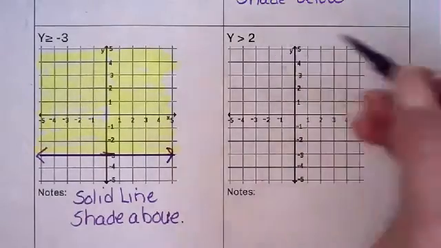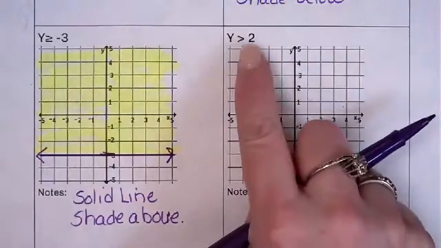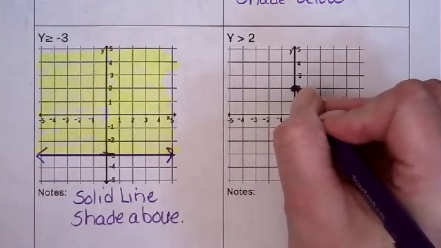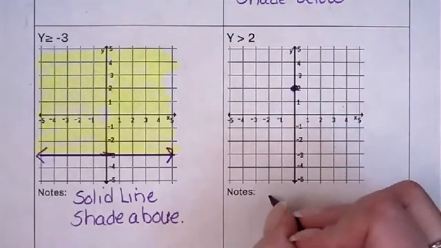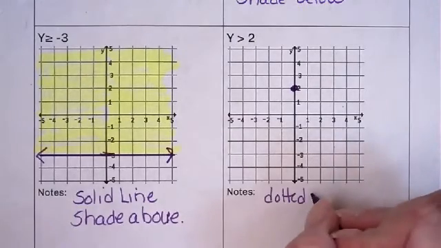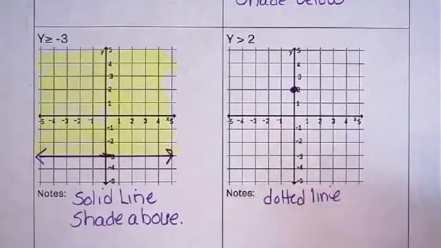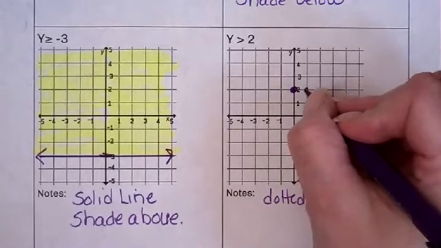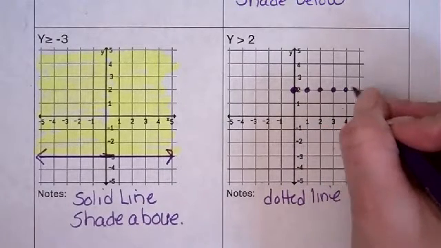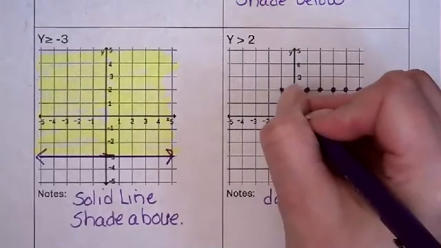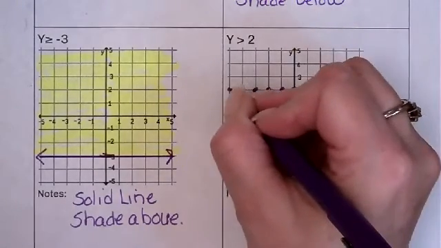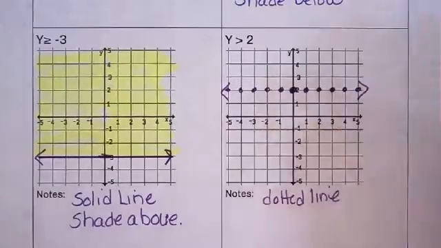y is greater than 2. So my y-intercept here is at +2. Now, this one is going to be a dotted line. So again, I'm going to do like I did on the other one. I'm just going to put some dots going across my paper. There we go.